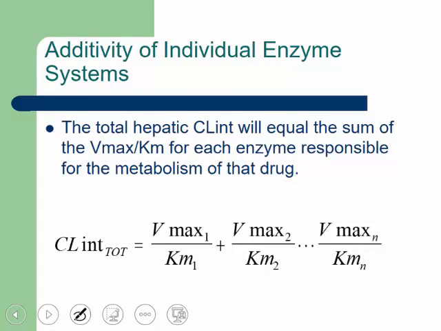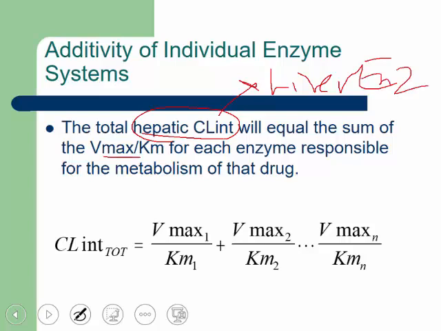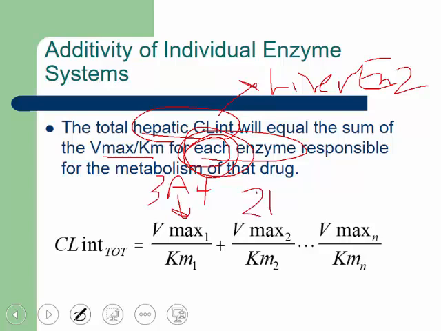Now, the total hepatic intrinsic clearance. Remember I told you hepatic intrinsic clearance is all about liver enzymes. So the total will equal the sum of the Vmax over Km for each enzyme system. If a drug is metabolized by more than one enzyme, you're going to have to add up the Vmax over Km for, let's say, CYP3A4, and maybe it's also metabolized by 2D6, and maybe 1A2.